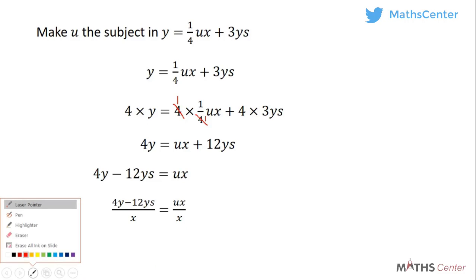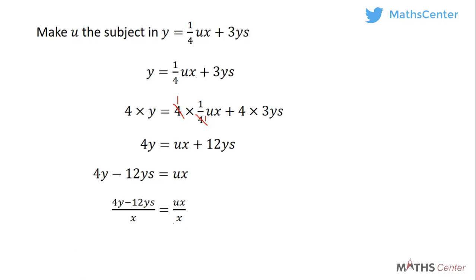Now when I do that, you will see that x will cancel x, so I now have u alone. So I'll have 4y minus 12yx over x is equal to u. So you can see clearly from here that you have been able to make u the subject of the equation.